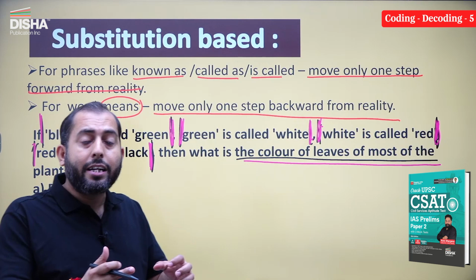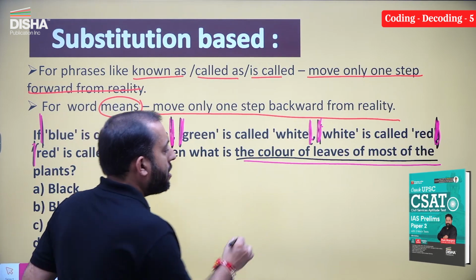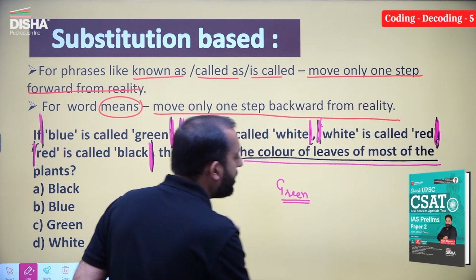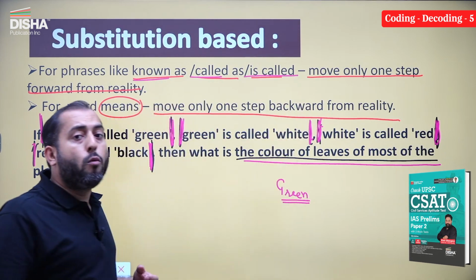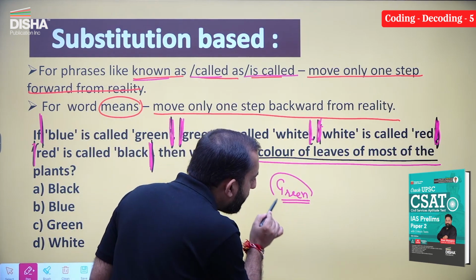Now, what is the color of the leaves of most of the plants in reality? In reality, the color is green. Now, in case of known as, called as, is called, we will move one step forward from reality. So we're going to move one step forward from green.